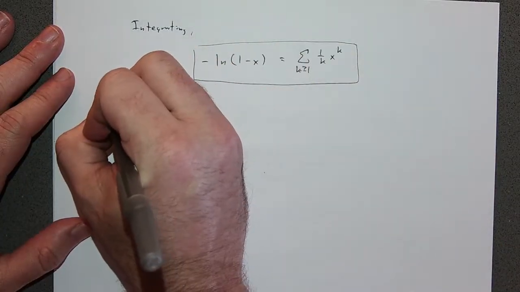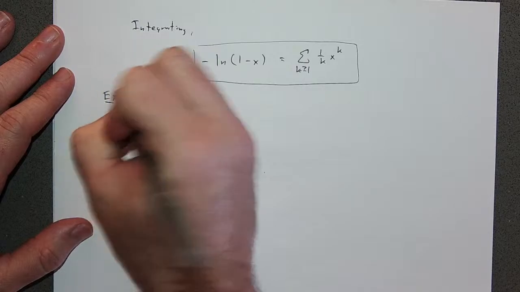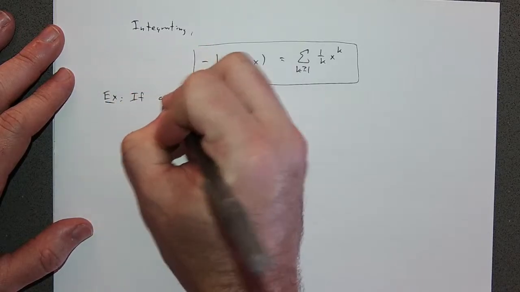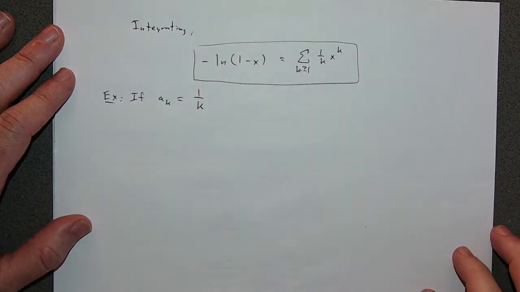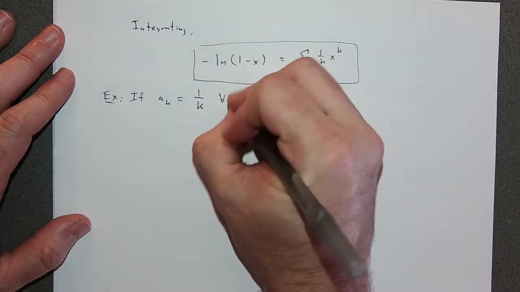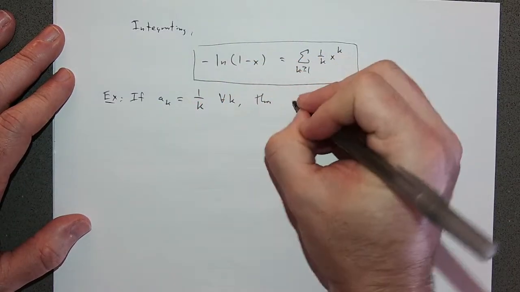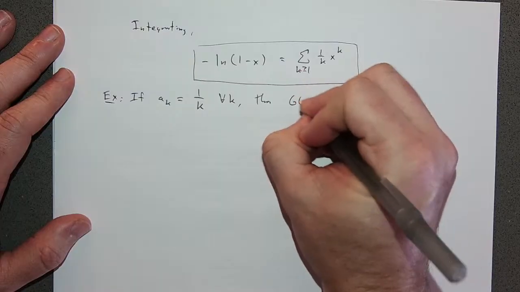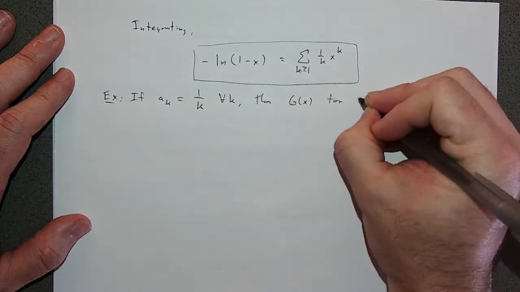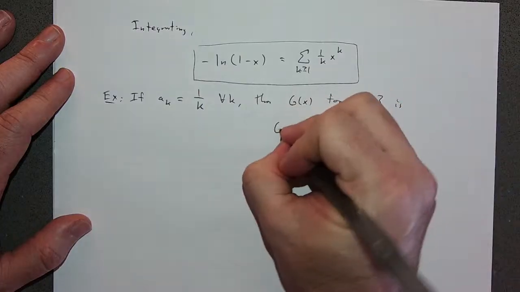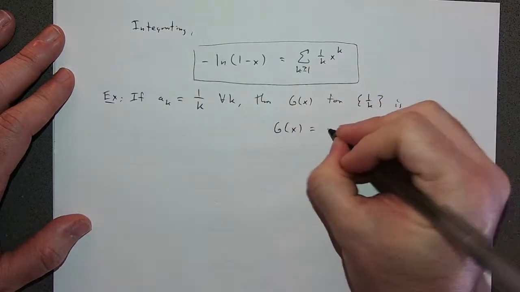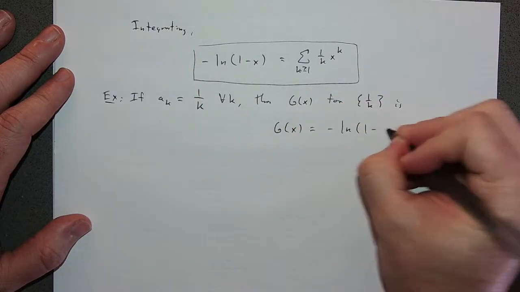So what this says is if a sub k is 1 over k for all k, then g of x, the generating function for the sequence 1 over k, is minus the natural log of 1 minus x.